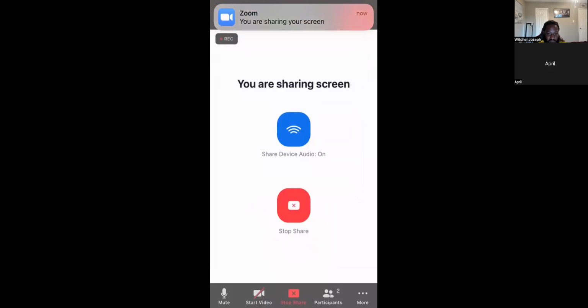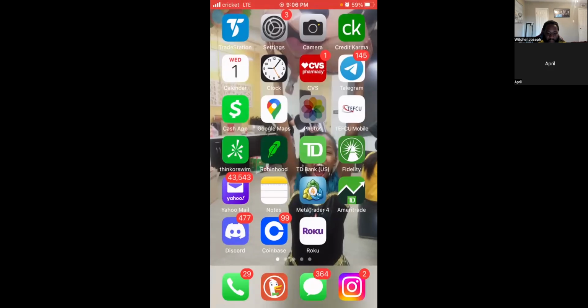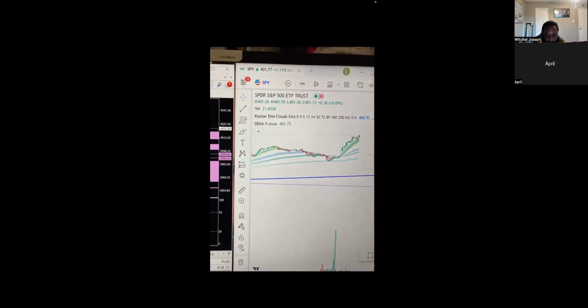I clicked on share. You have to click on the screen to share too. Okay, I can see your screen now. I think this is what I did, but I don't know if I did it right.